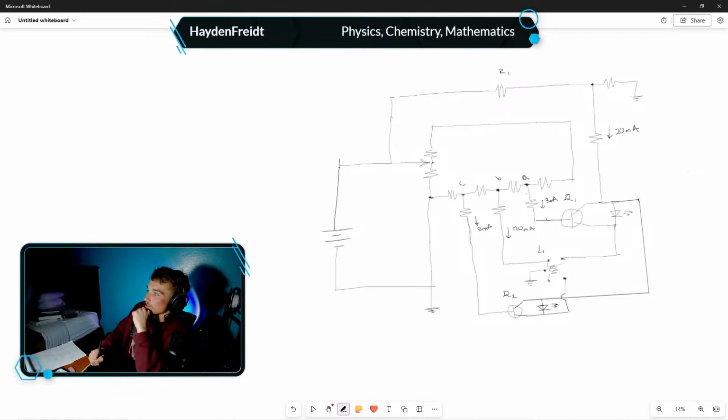Alright, we can start labeling these R1, R2. And I actually know what these are gonna be. Okay, so again, back to series and parallel. Look at this resistor and this resistor. We need the current there.